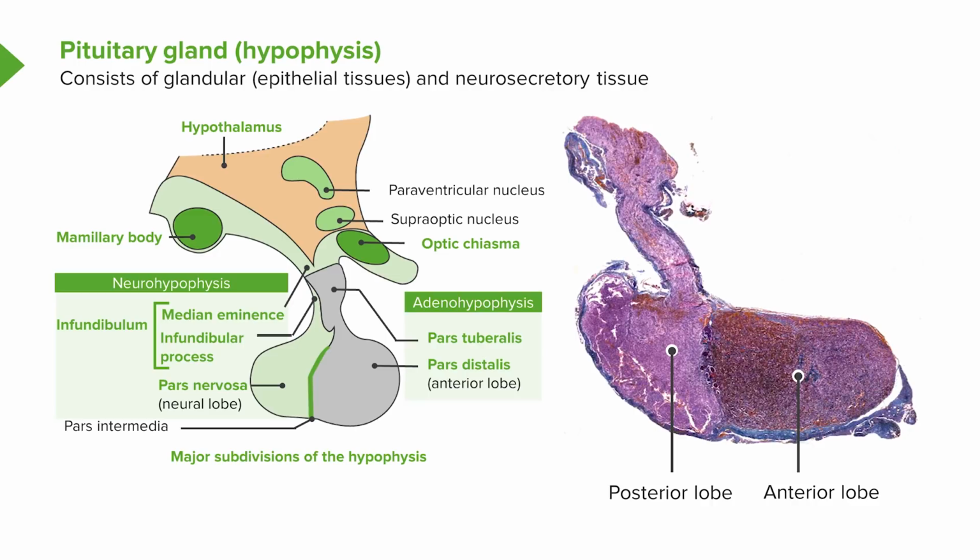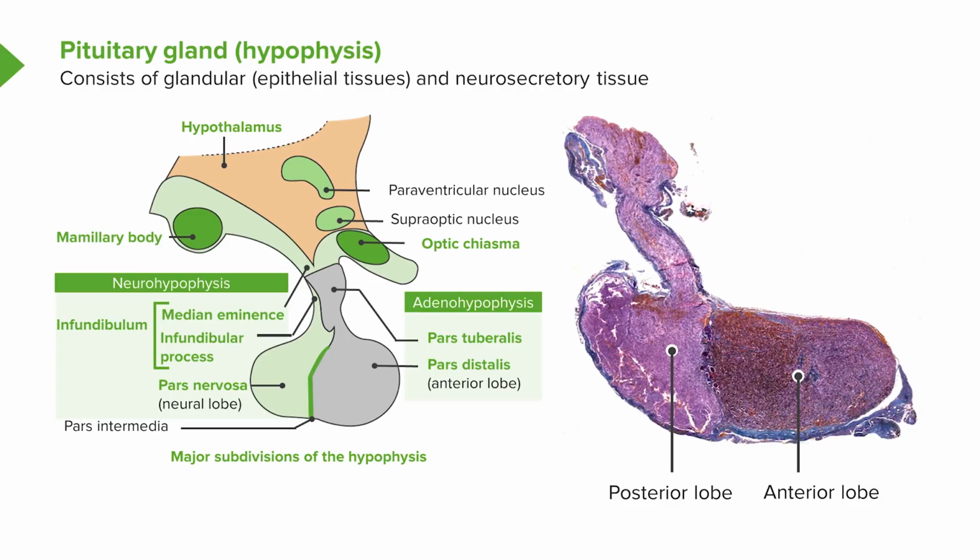Now, both these components of the pituitary gland are derived from two separate embryological locations, and that's why they should really be considered two separate glands. The pars nervosa, the nervous component, is derived from a downgrowth from the third ventricle of the brain, so it's derived from neuroectoderm.